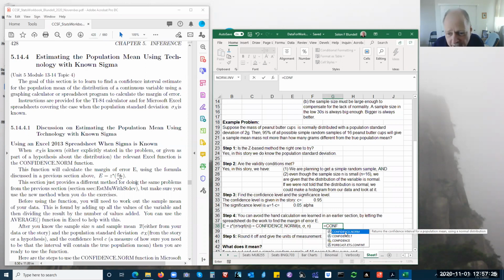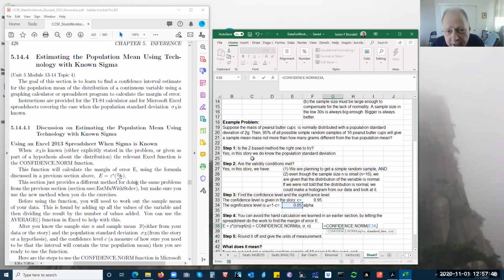I start typing confidence, and I'm doing confidence.norm, the z-based or normal-based confidence interval. And it tells me the arguments to put in here. So once the alpha, I'll just click on the 0.05.